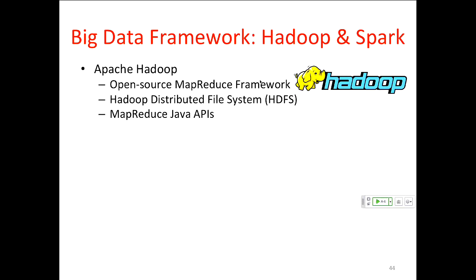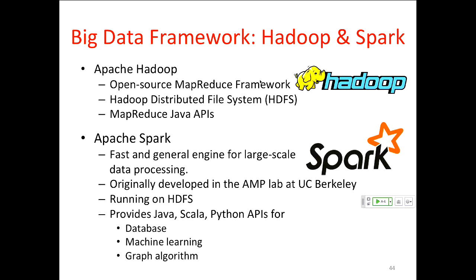However, it turns out that MapReduce is very low level. So there is another framework which is called Spark. For the project, you will eventually use Spark, okay? It's a fast and general engine for large-scale data processing. It's more than just map and reduce, as it provides APIs for databases, machine learning, and graph algorithms.